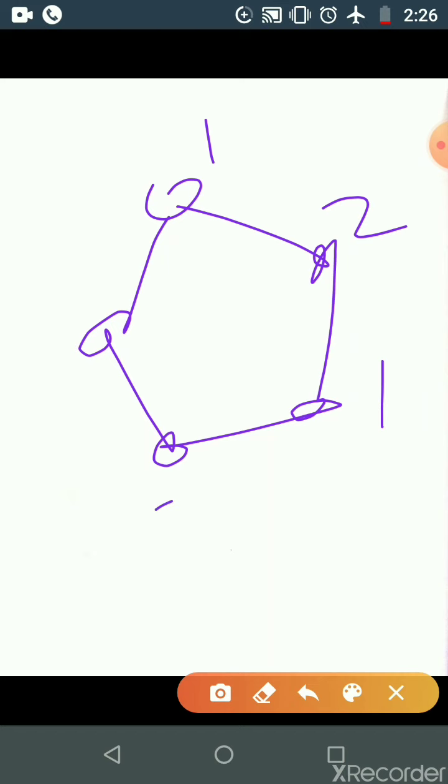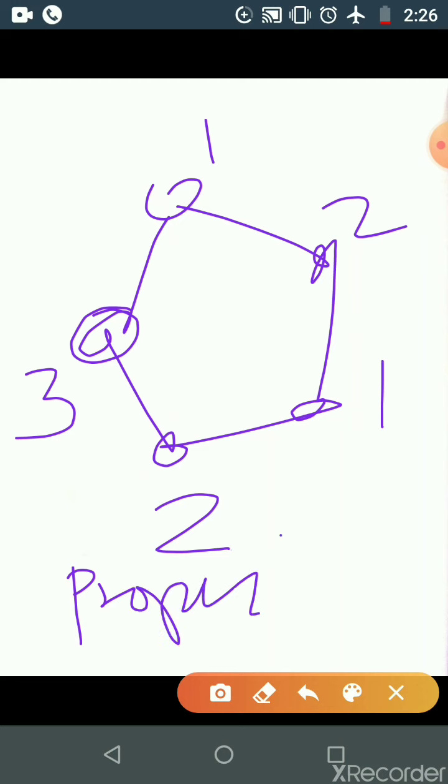So again 2, and here this vertex is adjacent with 1 as well as 2, so you can use the third color for proper coloring. So here proper 3 coloring exists, and if you are using 2 colors, then it will not be a proper coloring. So C5 is 3 colorable, okay?